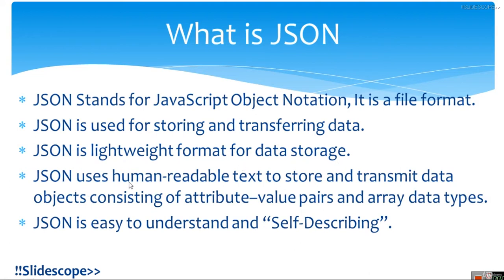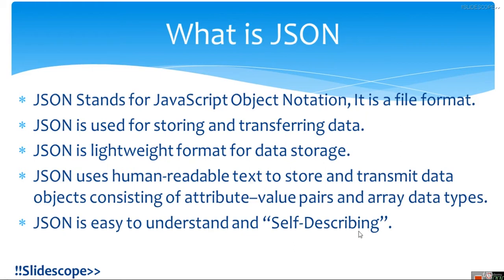JSON uses human readable text to store and transmit data objects consisting of attribute value pairs and array data types. JSON is easy to understand and self-describing.